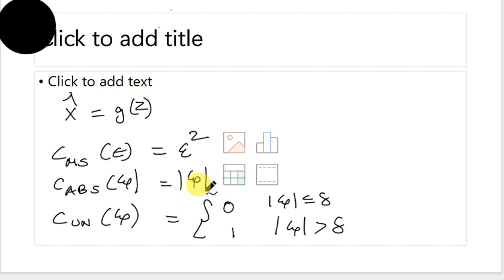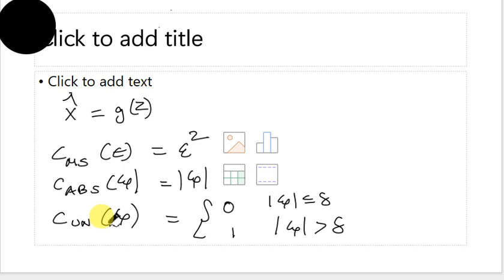Here what happens is the CMS of epsilon penalizes large errors severely and rewards errors less than 1. The C absolute epsilon treats error on a linear basis.